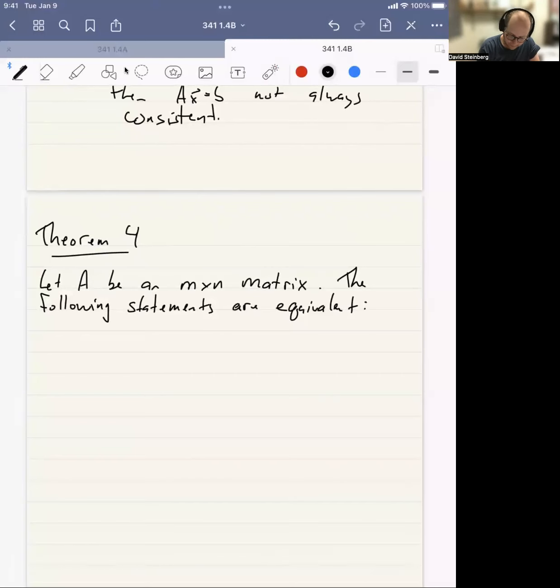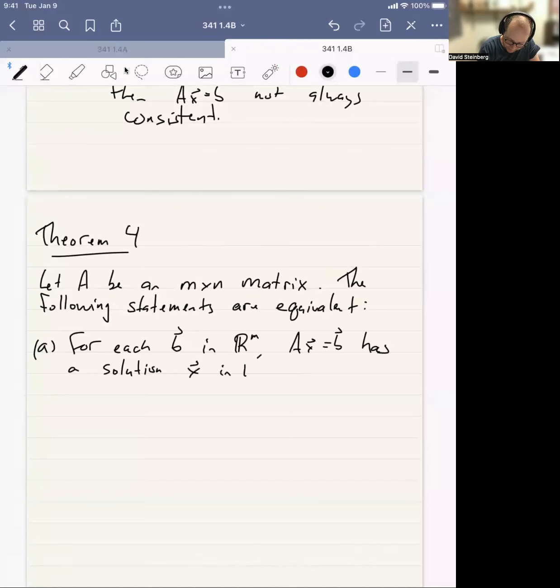So what's a good statement we could start with? For each vector B in Rm, the matrix equation AX equals B has a solution X in Rn. Okay, so we're going to write down 3 other equivalent statements.